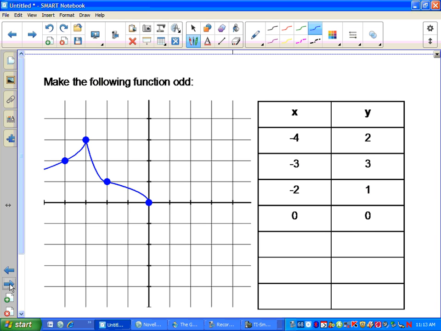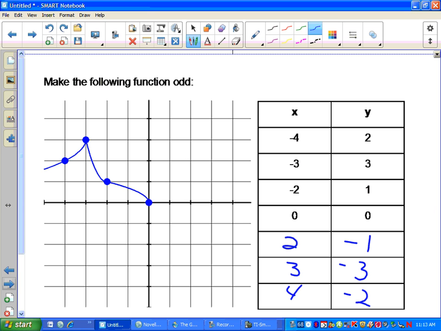Okay, here we go. What if it were odd? You have to change both the x and the y to get it into the quadrant that's across. So this would be 2, negative 1, 3, negative 3, and 4, negative 2.